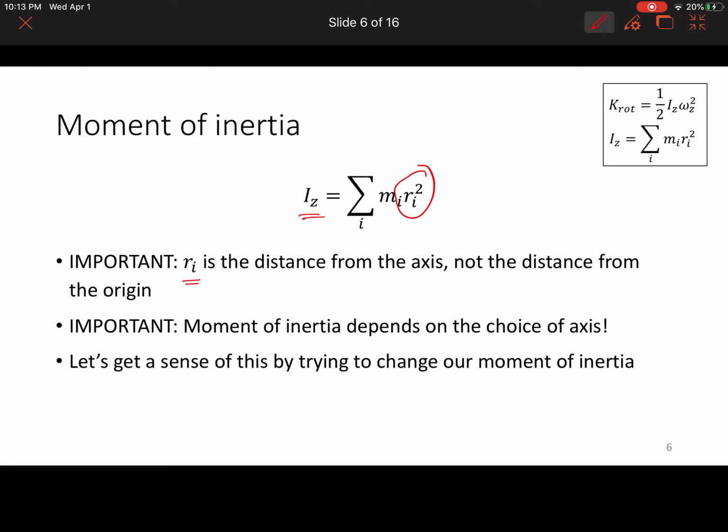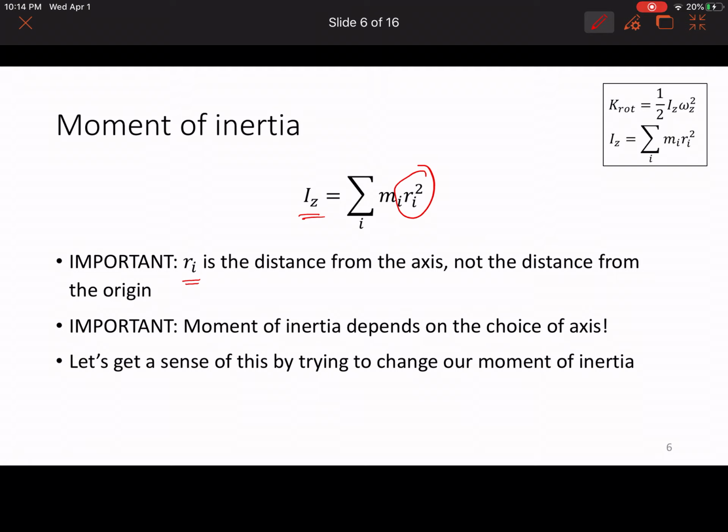And moment of inertia, again, is like mass for rotation. So if you have a very large mass, it's very hard to push you. If you have a very large moment of inertia, it's very hard to cause you to rotate. So when I held those books far out, I had a very large moment of inertia. It was hard to cause myself to rotate.